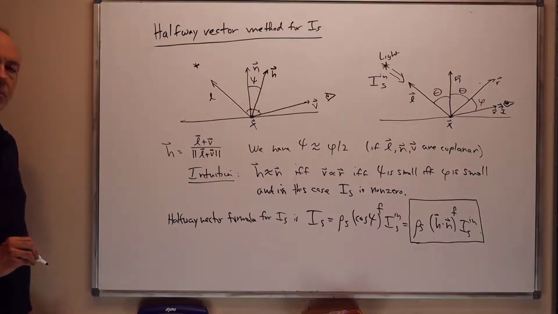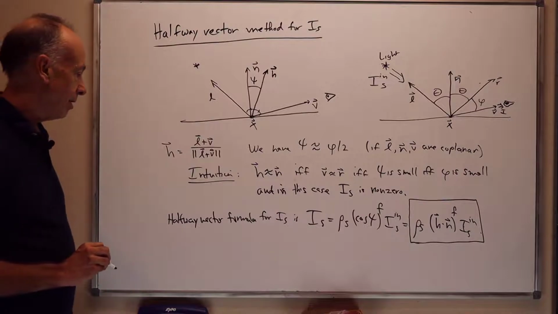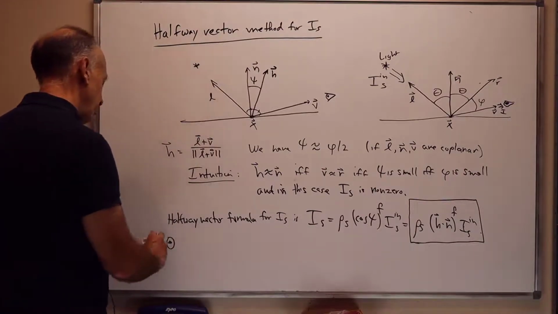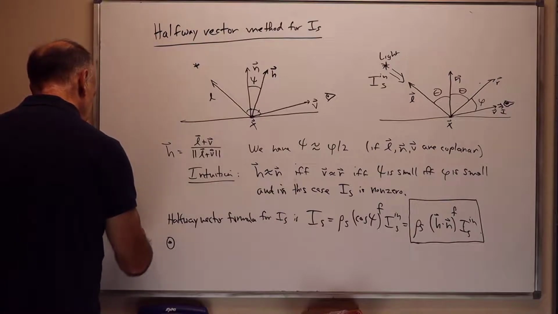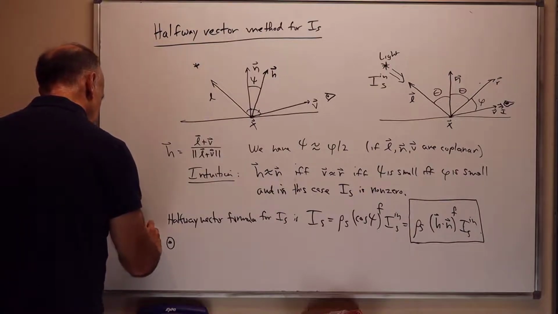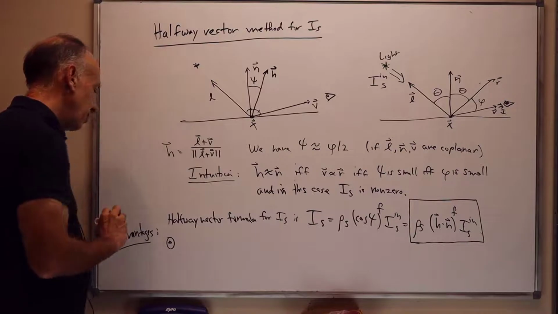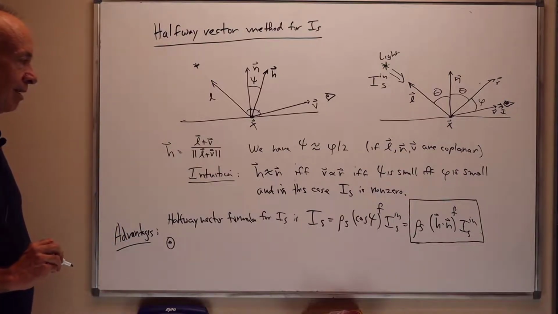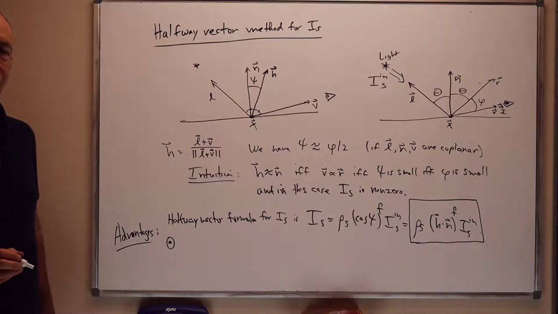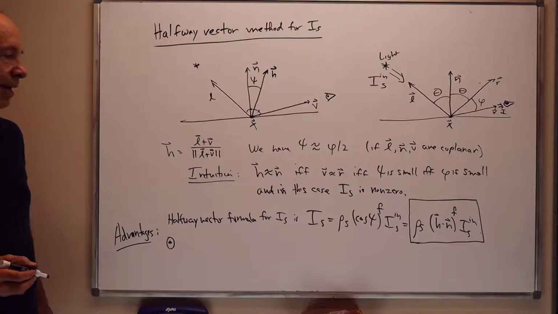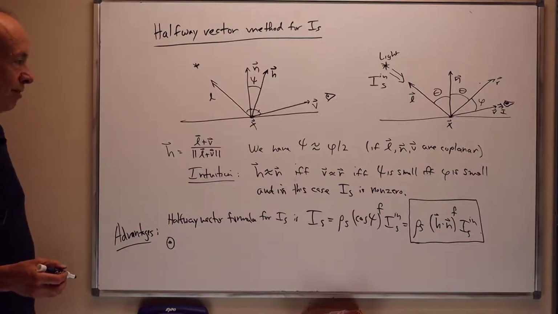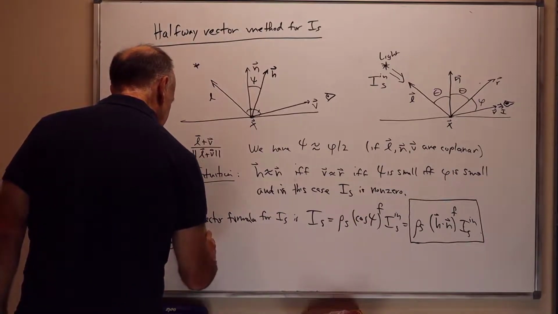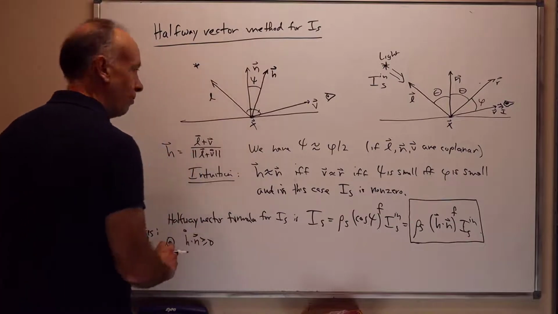So there are several advantages to the halfway vector, which I'll squeeze into the bottom of the board here. One advantage is that h dot n is always greater than or equal to 0, and we don't need to do that max stuff anymore. Why is it greater than or equal to 0?